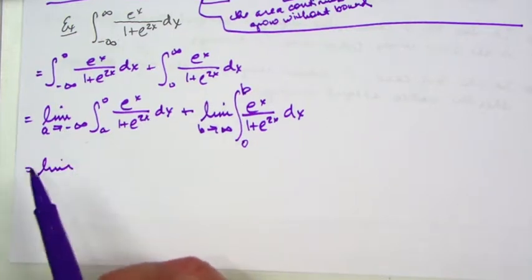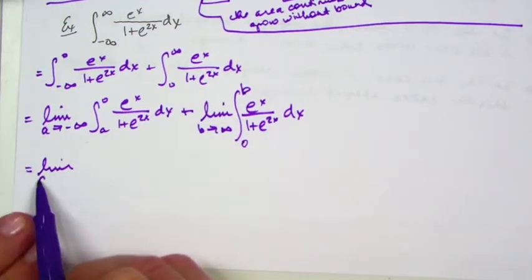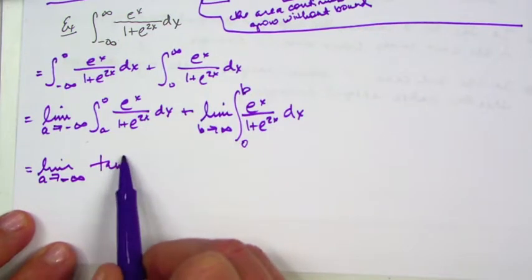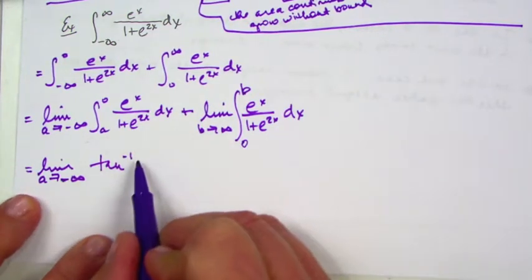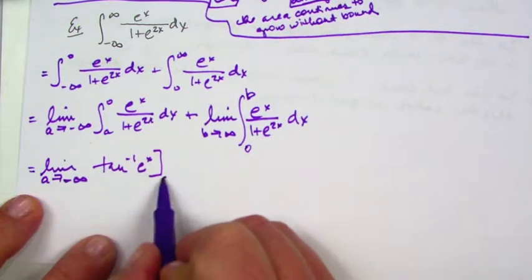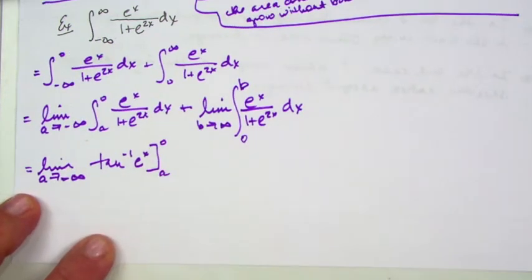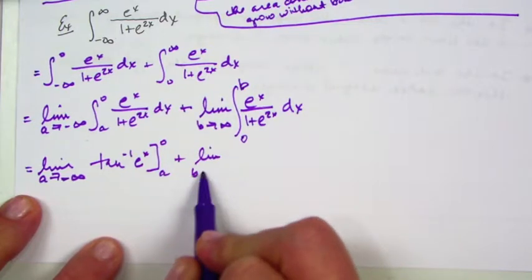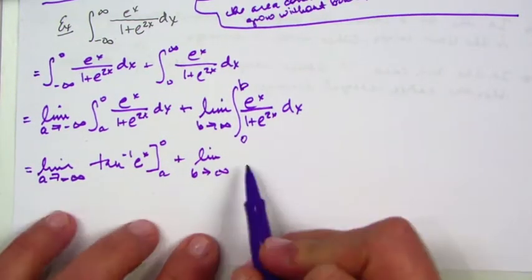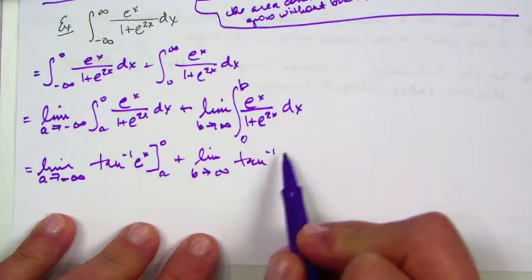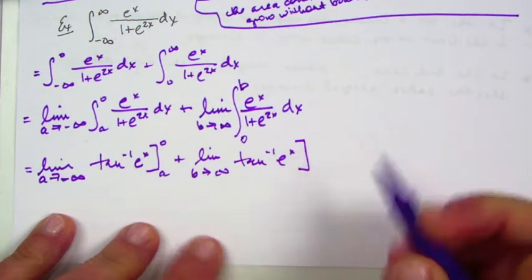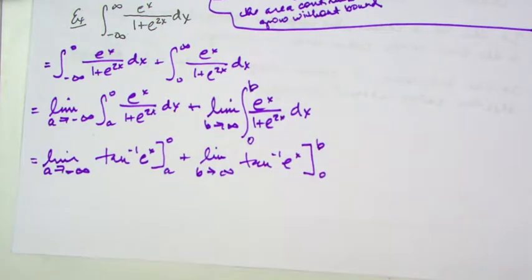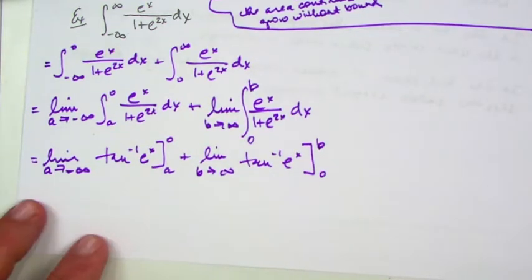So the limit as a goes to negative infinity of inverse tan of e to the x from a to 0, plus the limit as b goes to infinity of inverse tan of e to the x from 0 to b. Nice job, Derek.